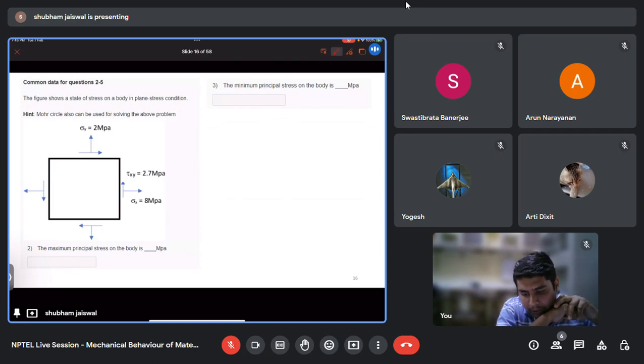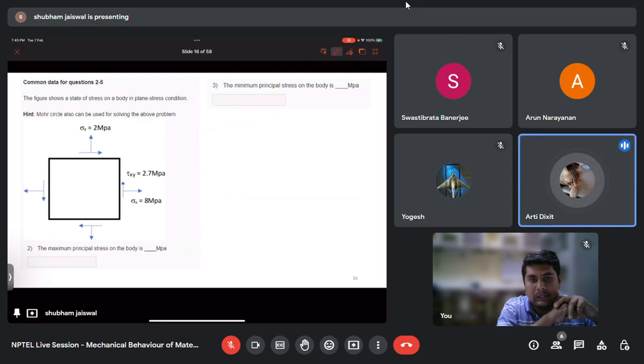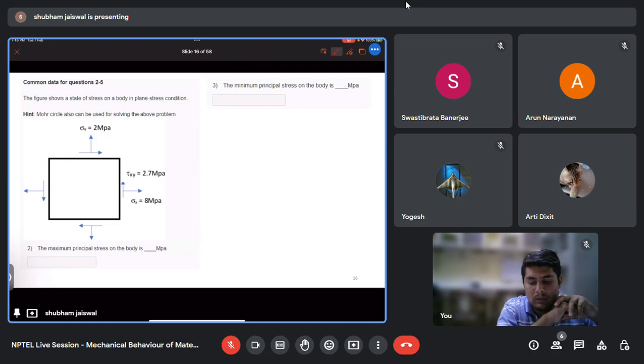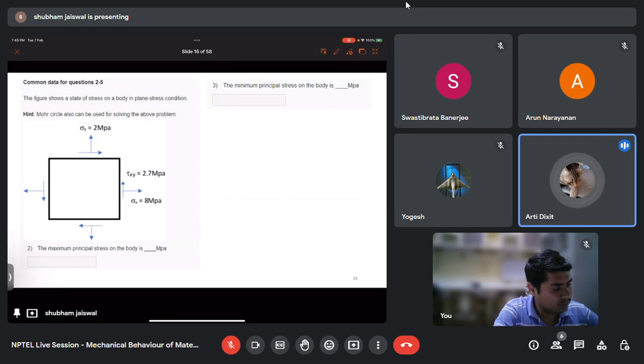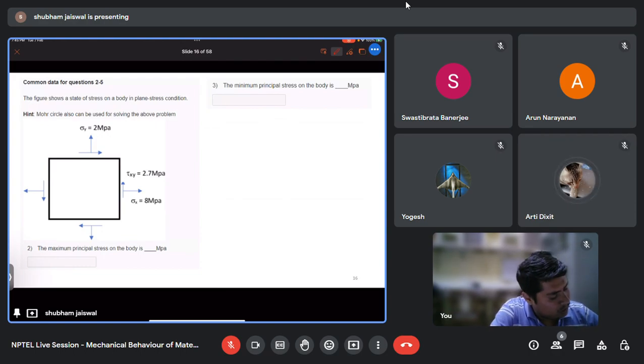Is there any other method also? There is another method also: a separate equation for the principal stress, the shear stress and the angle between them. Okay, we will solve by both methods.